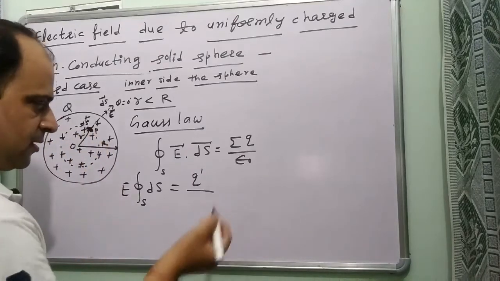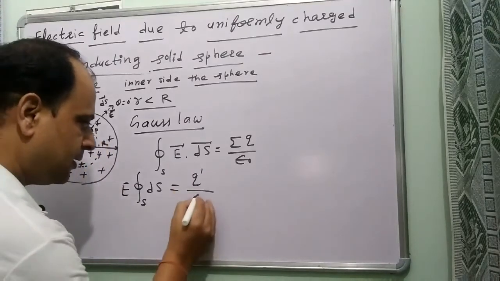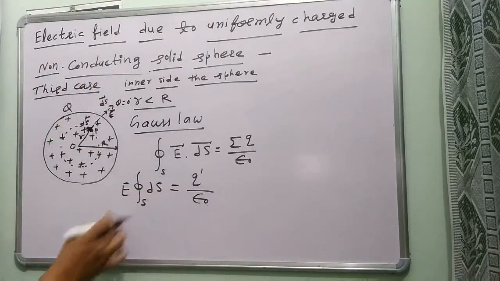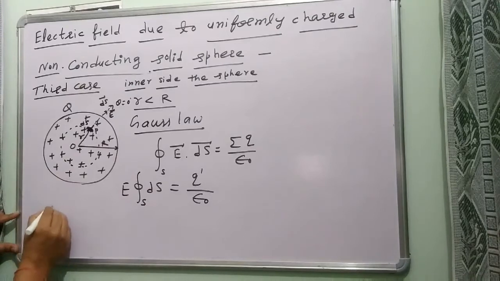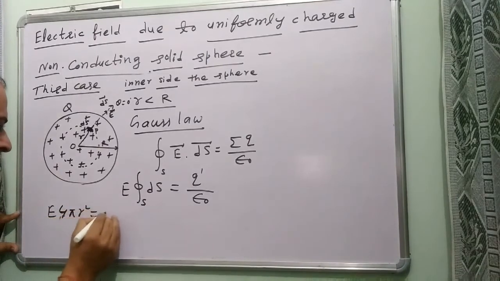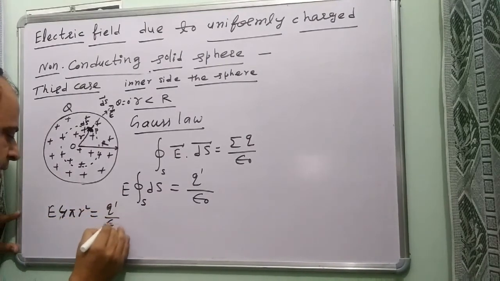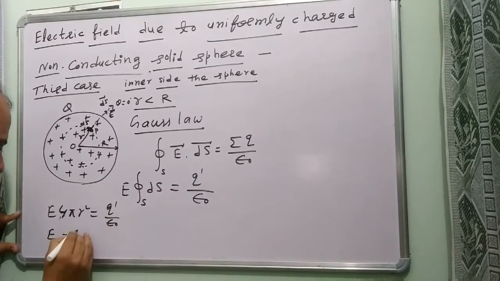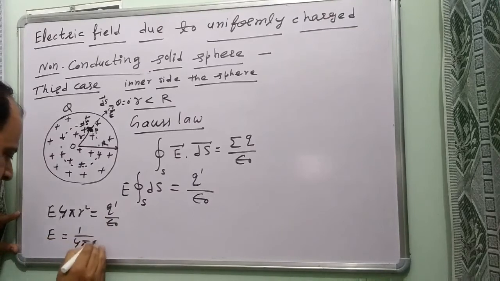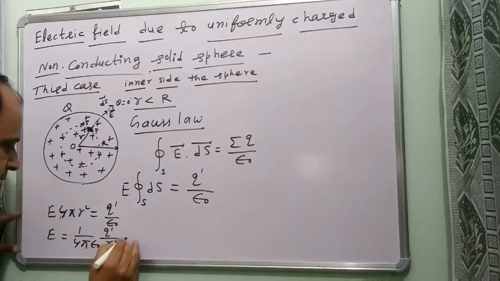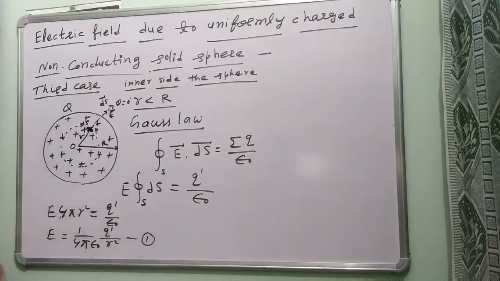With surface area 4 pi r square, E equals 1 upon 4 pi epsilon 0 q dash upon r square. This is equation number 1.